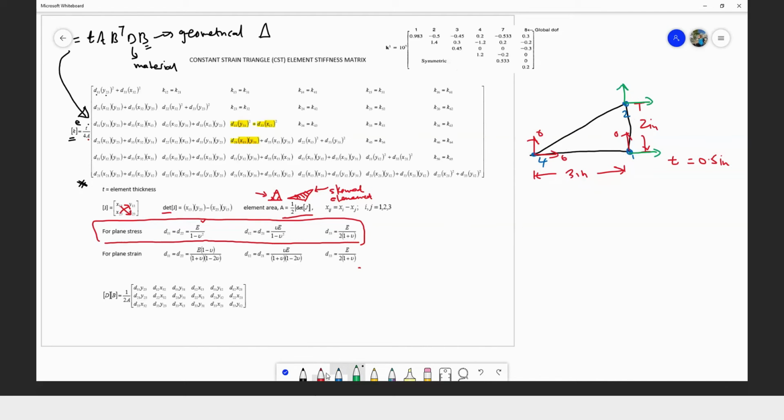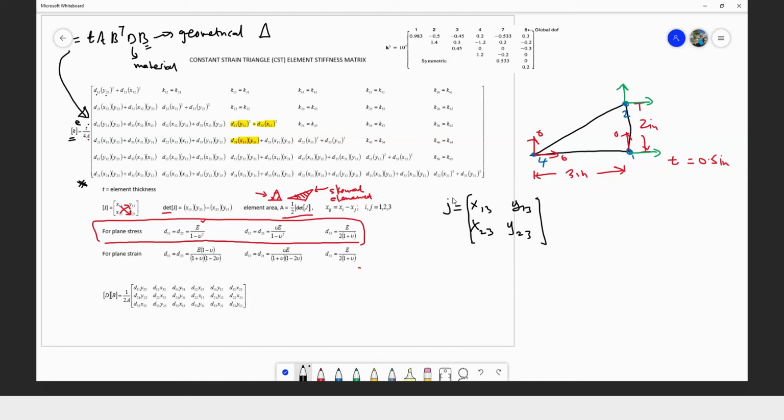All right, now let's look at how we should deal with the J matrix. J requires X13, Y13, X23, and Y23.